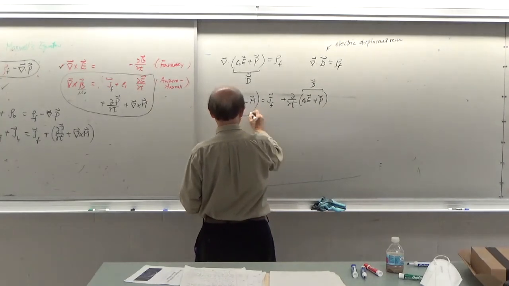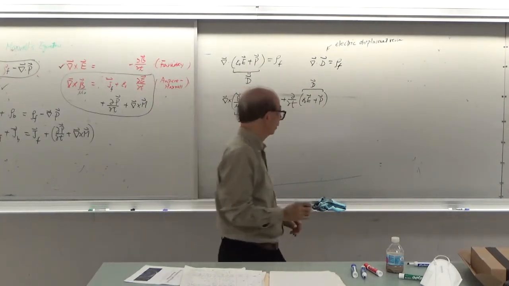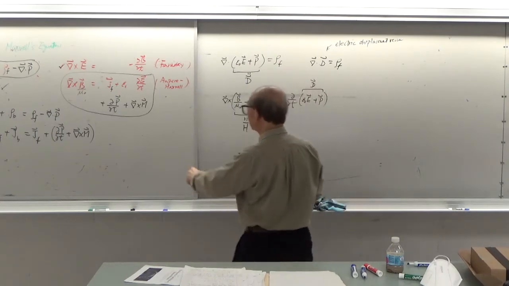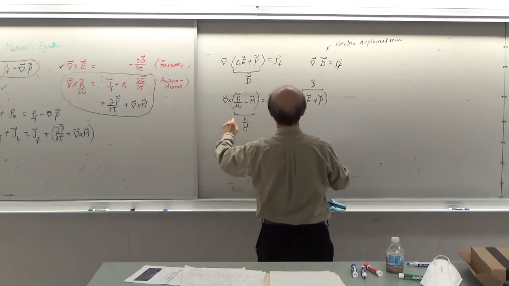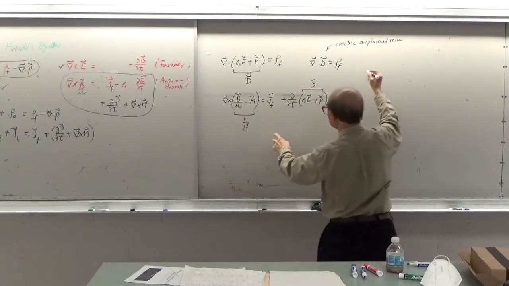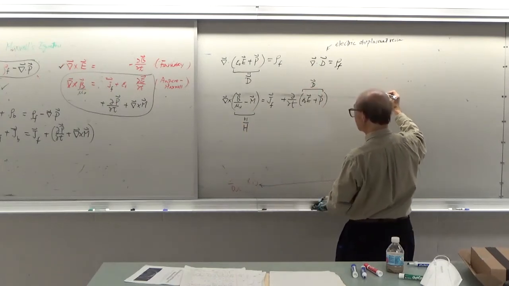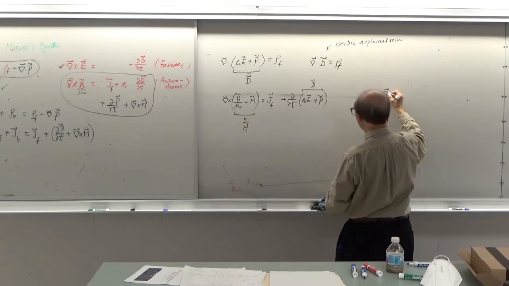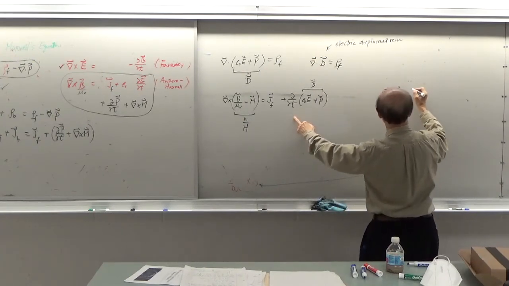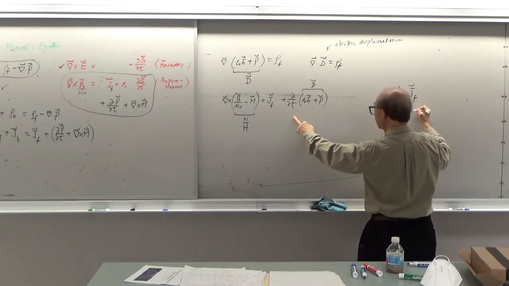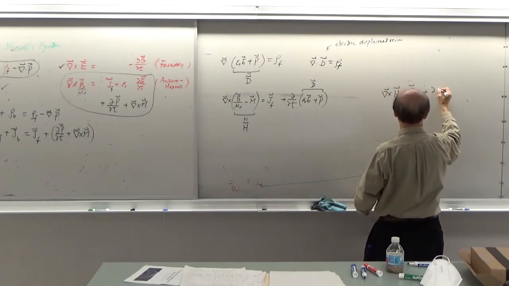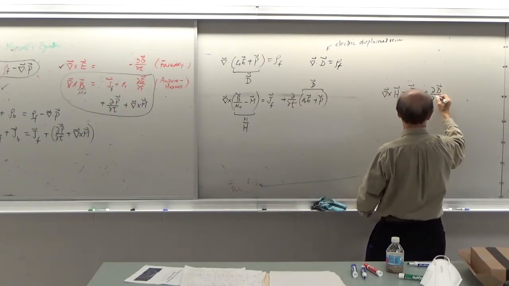This is denoted by the H vector. So that the last Maxwell's equation can be rewritten as the curl of H is equal to the free current density plus del D by del T.